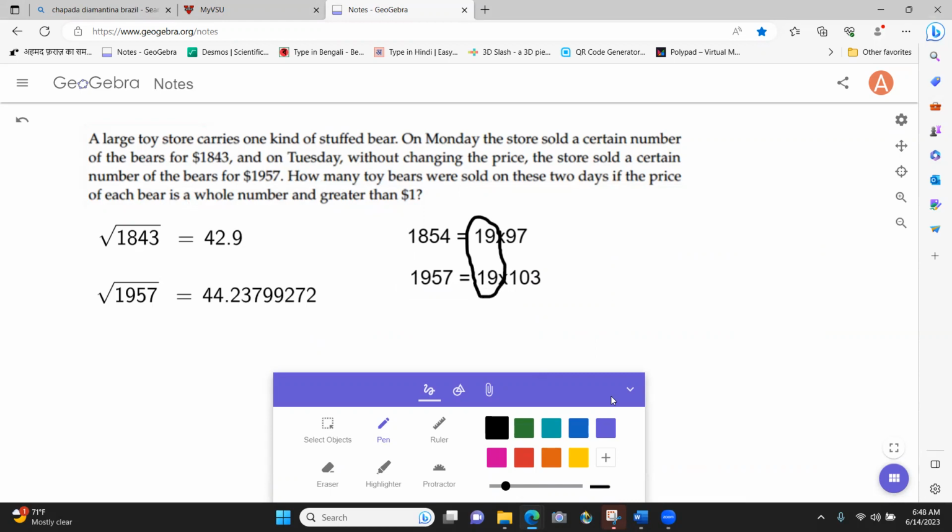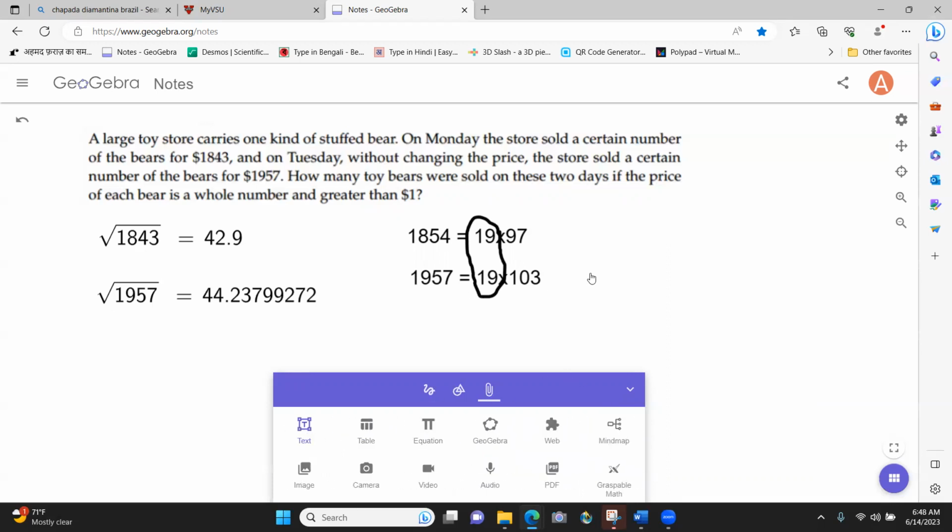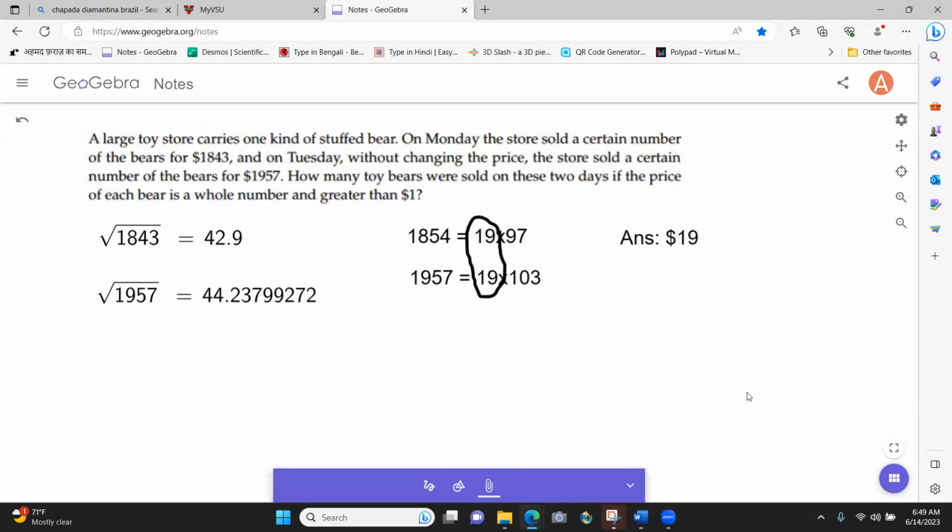And on the next day, they sold 103 toy bears and each was worth 19. So basically, you factorize those numbers into prime factors, and there's only one common number that has to be the price of the bear. So the answer is $19. It's a little bit of work. Not a difficult problem, but a little bit of work. And you have your calculator. How bad could it be?